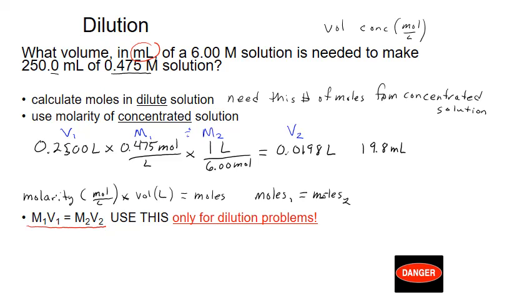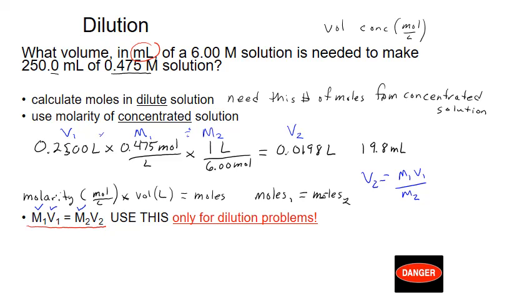If we look at this M1V1 equals M2V2 formula algebraically, you can see that if we know M1 and V1, the dilute solution, and we know M2, the concentrated solution, if we solve for V2, it would be equal to M1 V1 over M2, which is exactly what we did above.